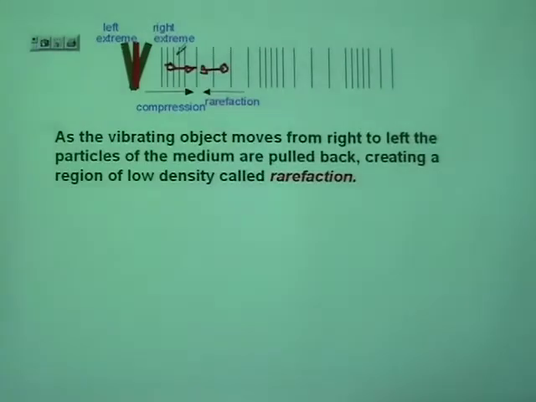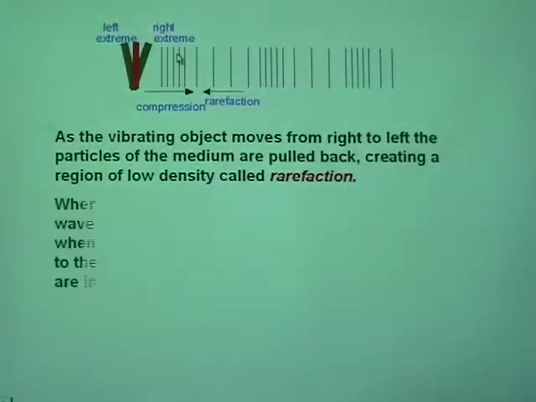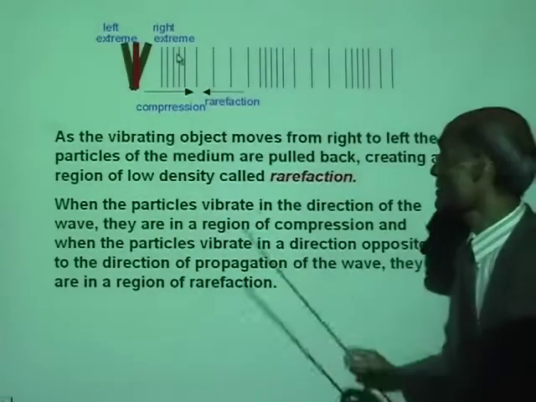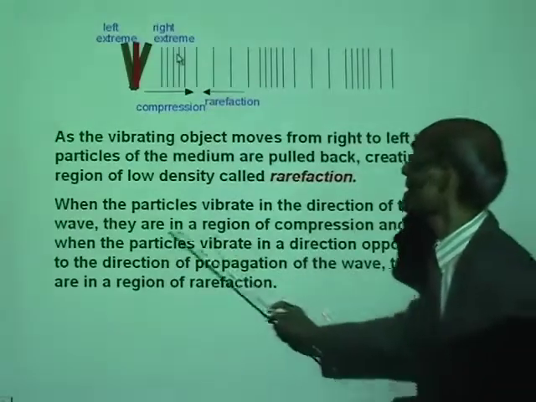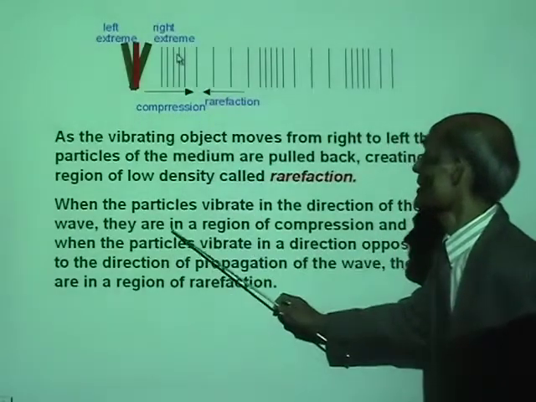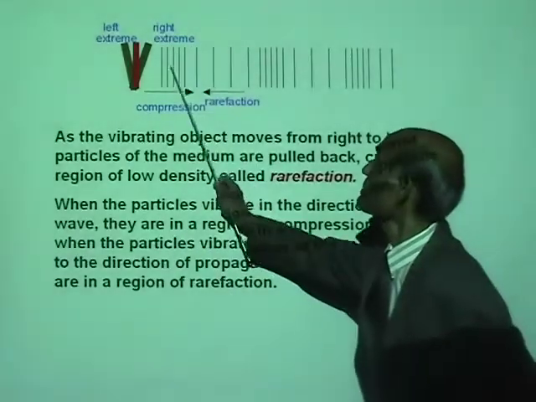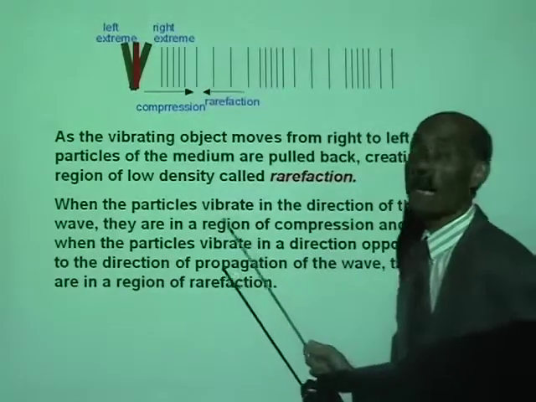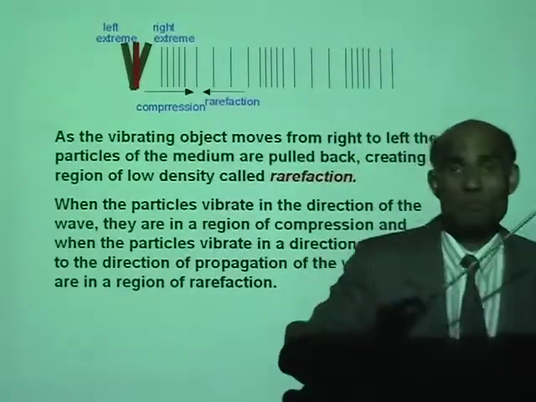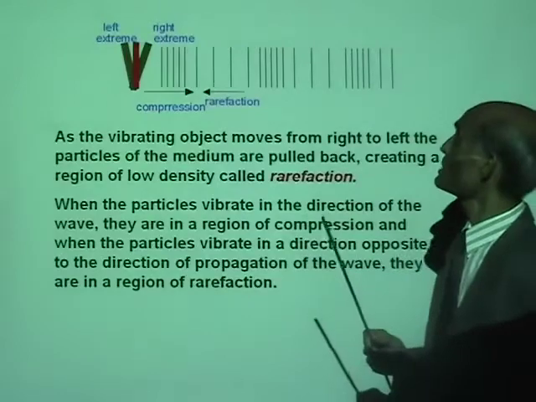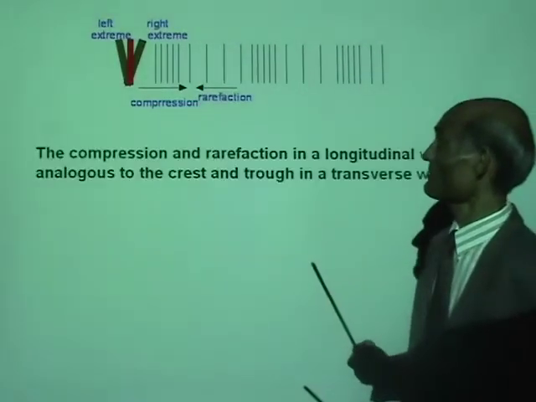Okay, let's move on. When the particles vibrate in the direction of the wave, they are in a region of compression, and when the particles vibrate opposite, they are in a region of rarefaction.